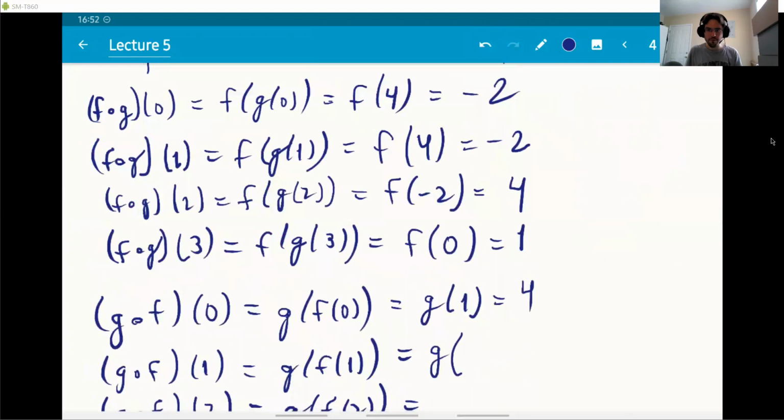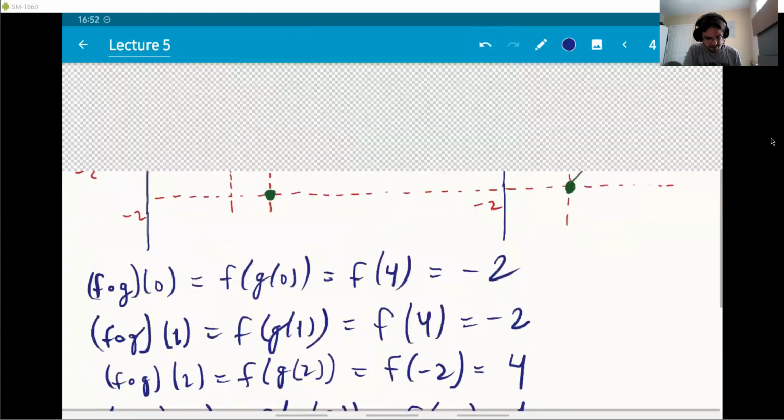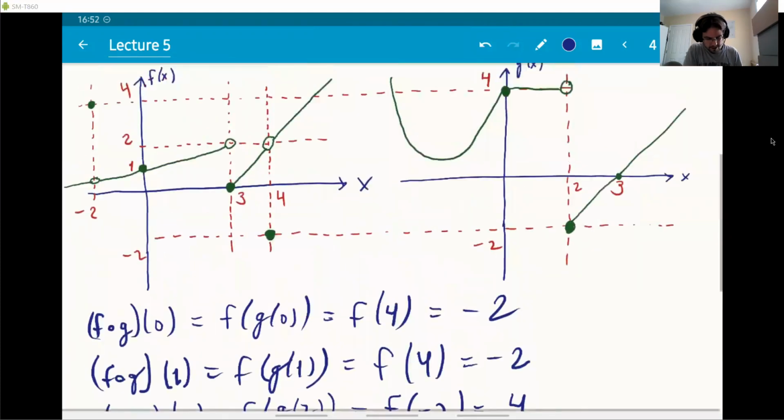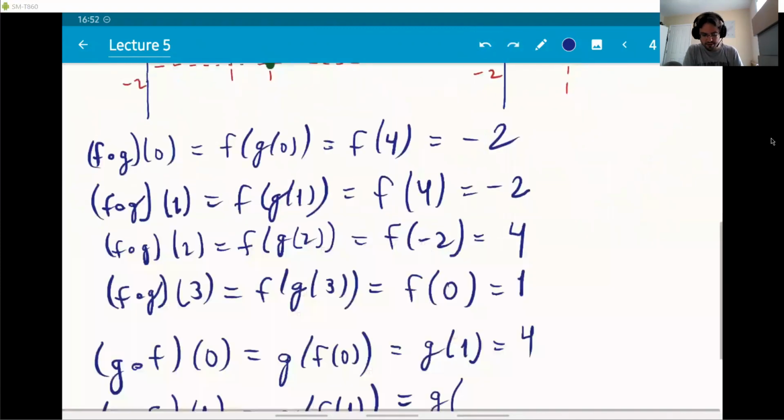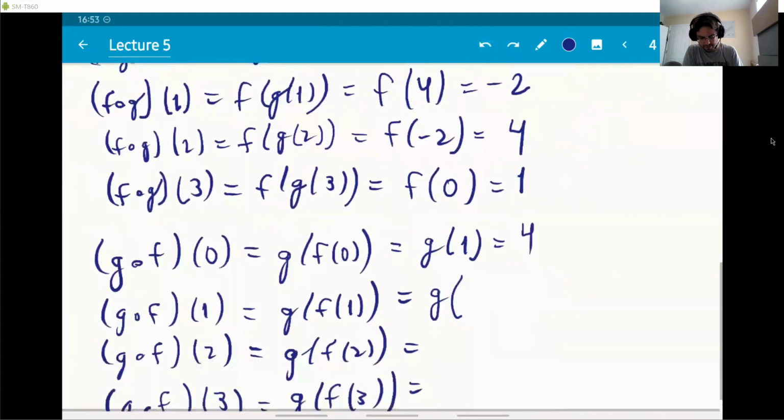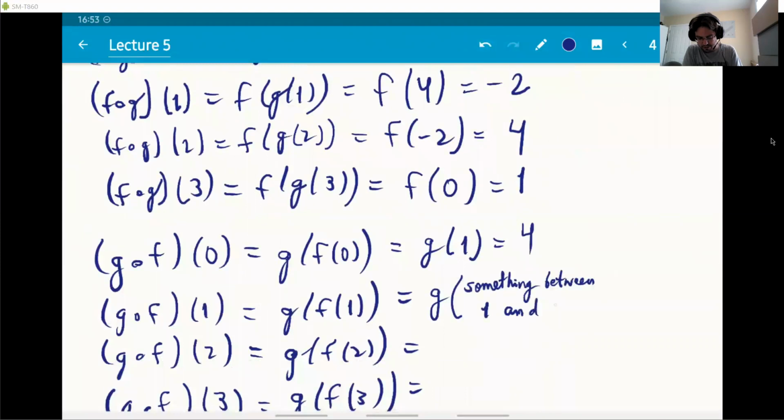Next one here, f of 1. This will be interesting. We don't actually have the value for f of 1. If 1 is around here, all we know from this graph is that f of 1 is some number between 1 and 2. That's what I'm going to write down here because we don't have this information. Something between 1 and 2, strictly between.